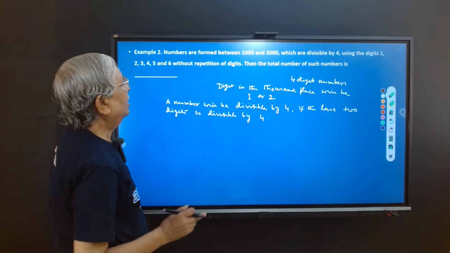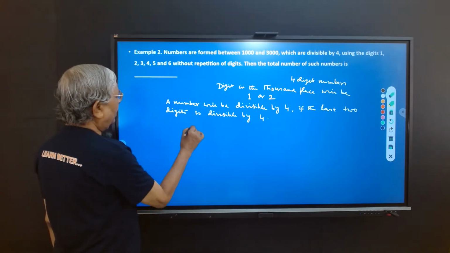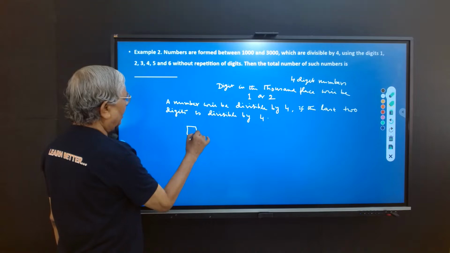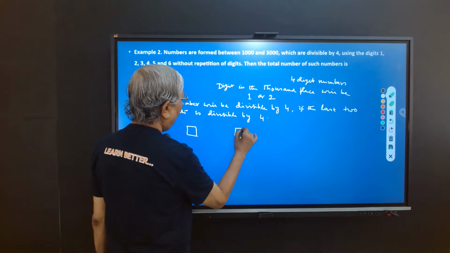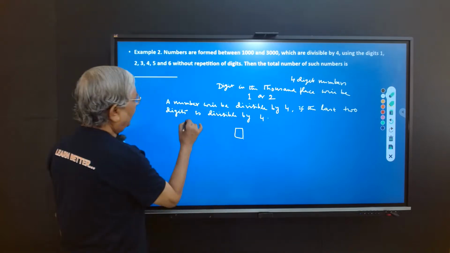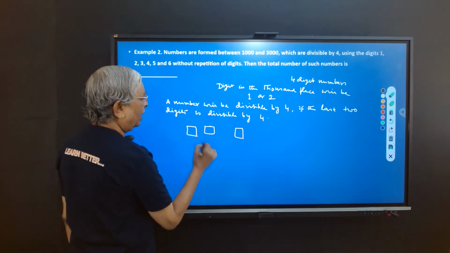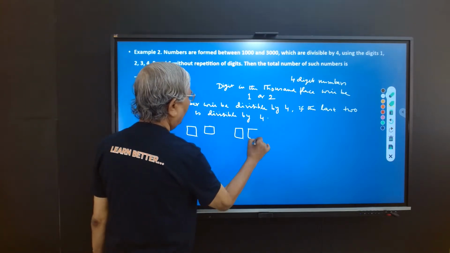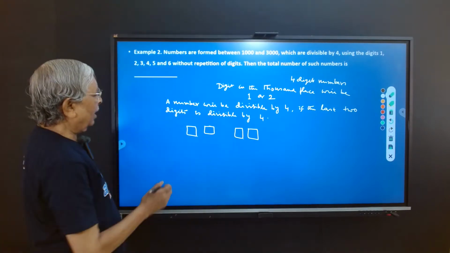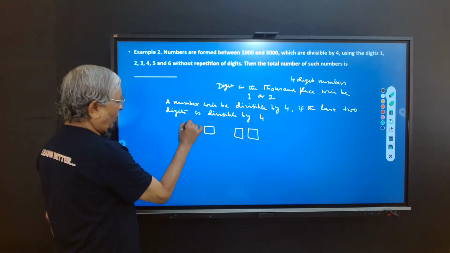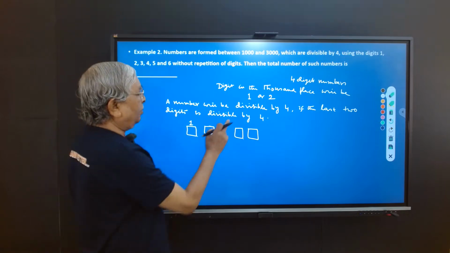So first we take the digit in the thousand place as 1. Now what are the last 2 digits? The digit in the ten place and the digit in the unit place. If the digit in the thousand place is 1, what will be the last 2 digits which are divisible by 4?